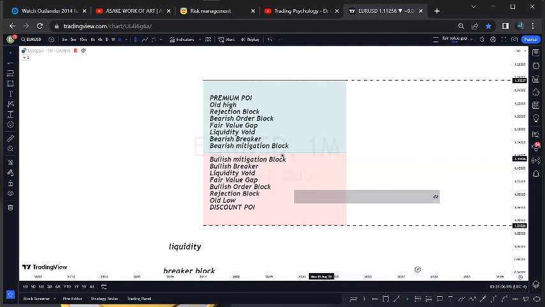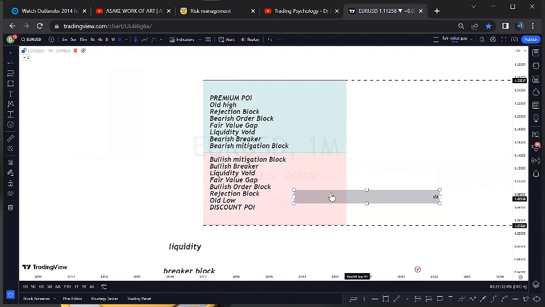So now in this discount zone, what are you looking for? You are looking at old low, rejection block, bullish order block, fair value gap, liquidity void, bullish breaker, and mitigation block. Those are the things that you are looking at in this discount zone. I am not going to be talking about this in detail.